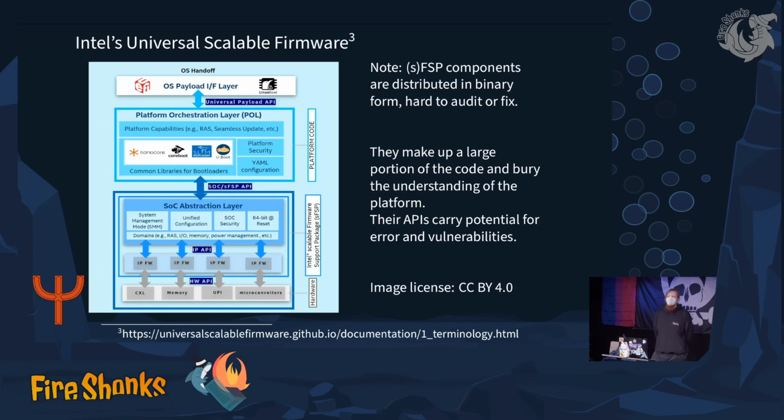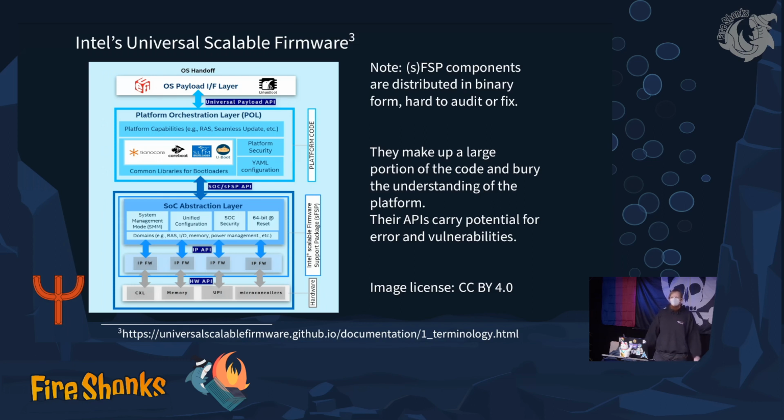One approach is the approach by Intel. We make a three-layer model for firmware. The first level is done by us, that's Intel, and that is interfacing with the hardware directly. And above that, you have the FSP components.